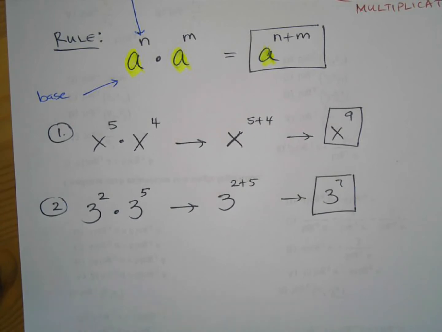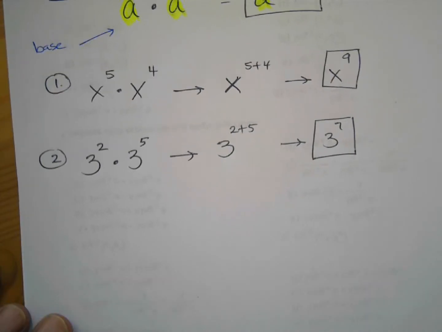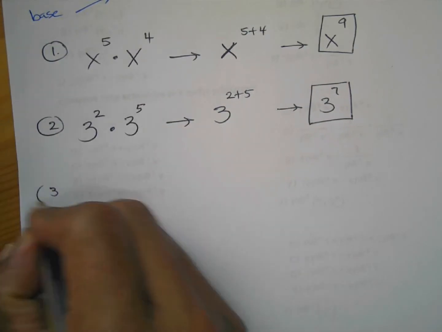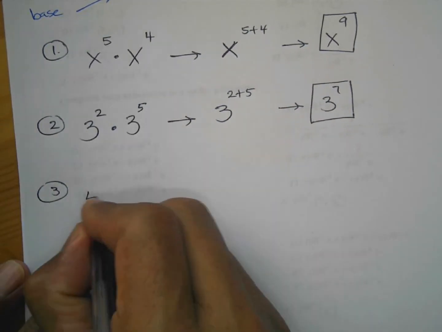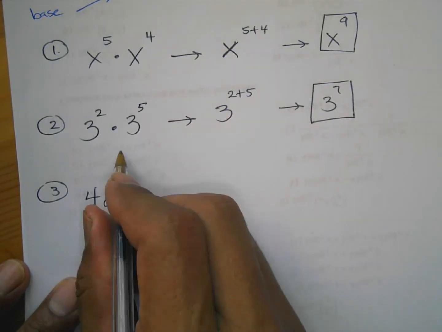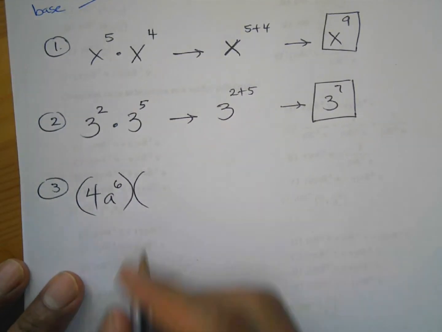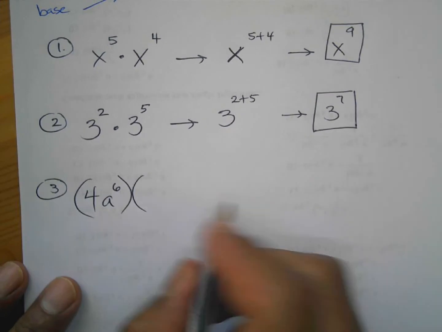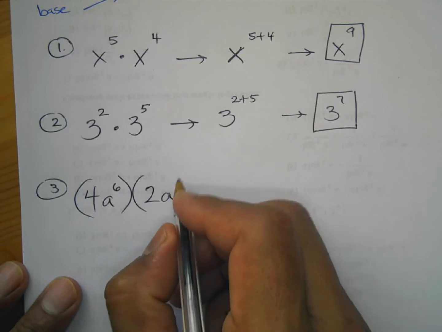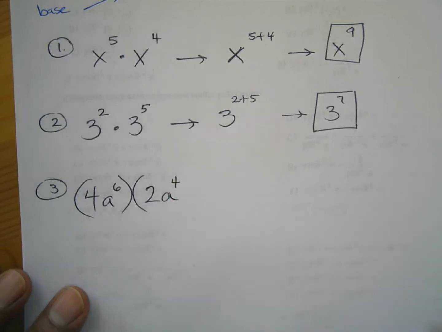Okay. Now you're going to have the situation where you're multiplying monomials. Right, you're going to have numbers and variables. So look at number 3. Something like 4a^6, and then sometimes for multiplication, they can also use parentheses like this. That means multiplication. 4a^6 times 2a^4.